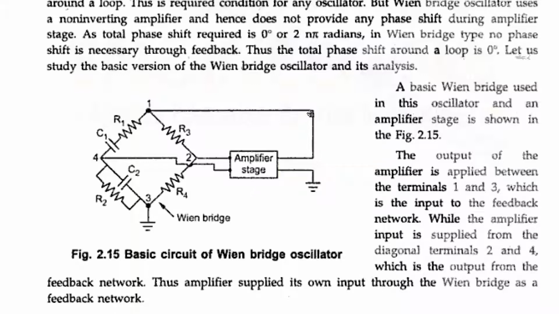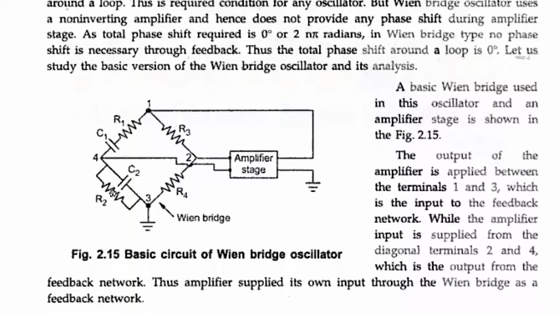So the output of the amplifier is the input to the feedback network. So it comes here, right? Now let us consider this branch. Feedback signal is connected from here.